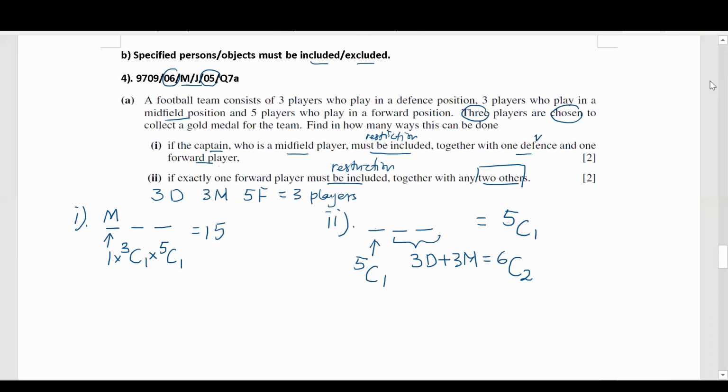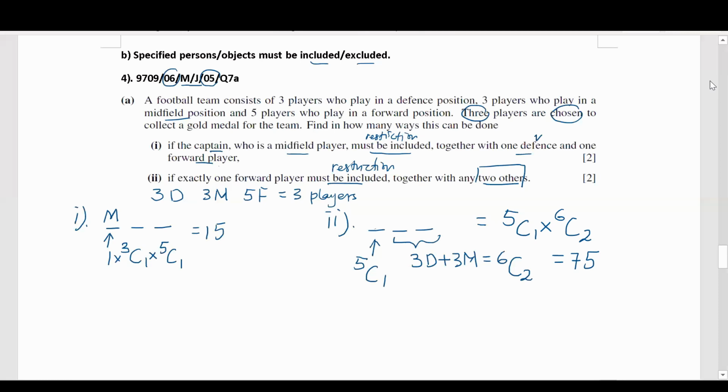And the other 2 can come from defense or midfield, or both from defense or both from midfield, so the number of ways is given by 6C2. Hence the total number of ways, we multiply them together, and using the calculator, we get 75. All right, so this is how we consider questions with some persons included or excluded.